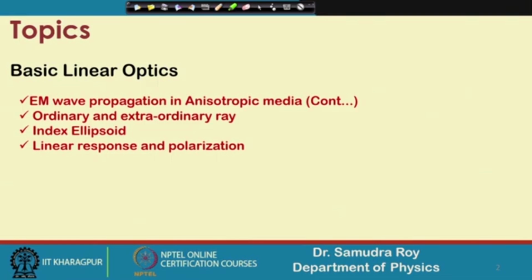Today we are going to understand what is index ellipsoid and try to calculate how one can generate this index ellipsoid, and finally, the linear response and polarization. Polarization is very important, because the nonlinearity will appear if we have a polarization where the response of the system is nonlinear. We will learn that in detail.